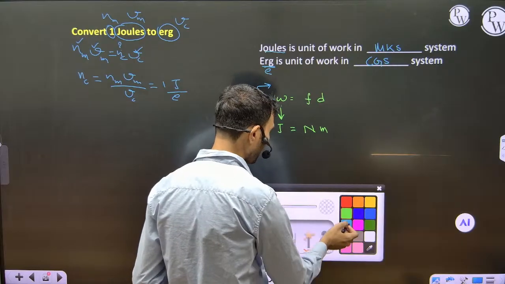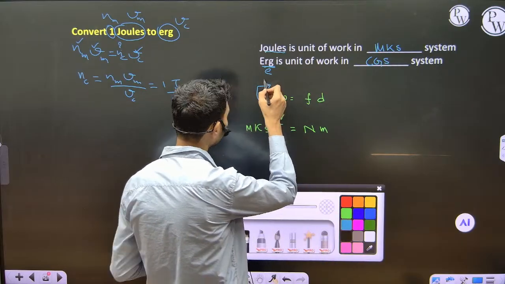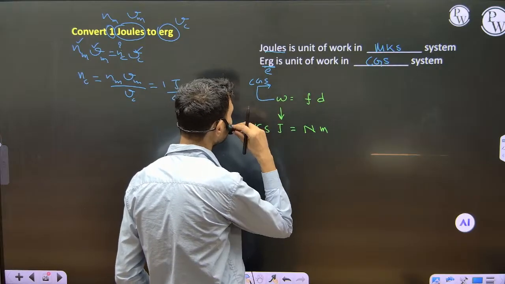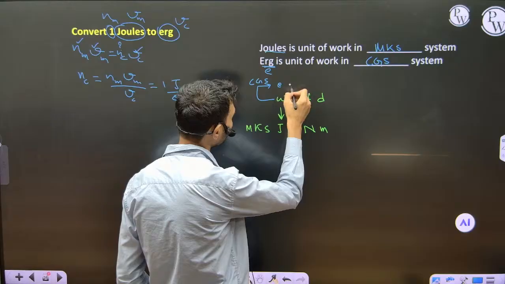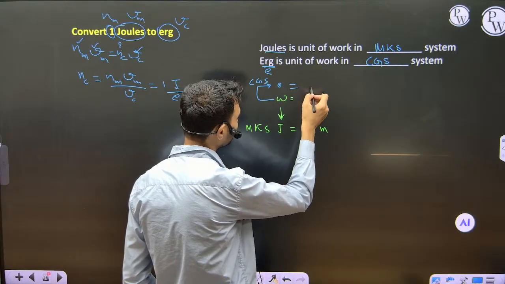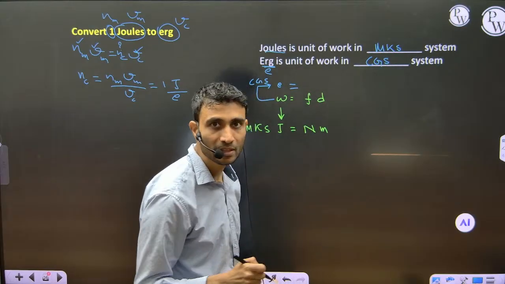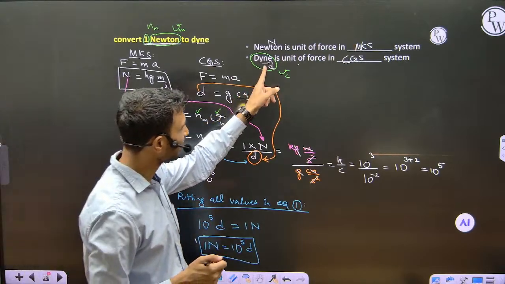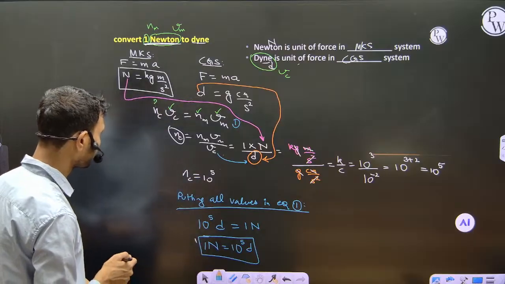Now let us write it down in CGS also. In CGS it will become what? Work will become erg. Force will become, what is force in CGS, guys? Remember we did it here. Force in CGS is dyne, right?